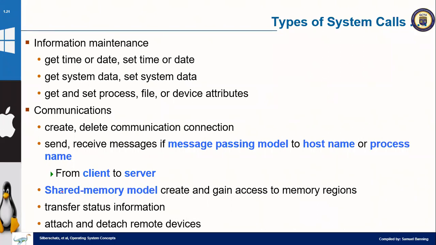You can use system calls to create and gain access to memory regions. If the memory is shared, then you can use the system call to gain access to these memory regions. Transfer status information, attach and detach remote devices.